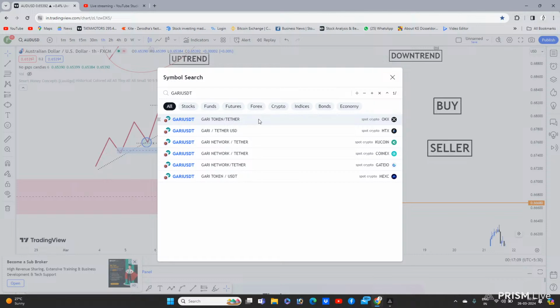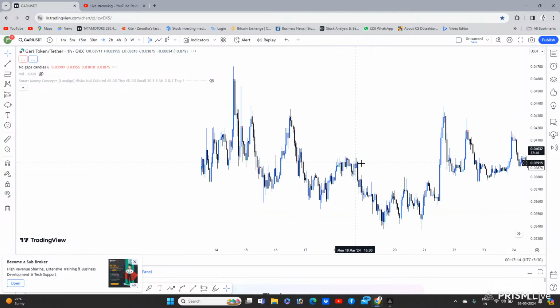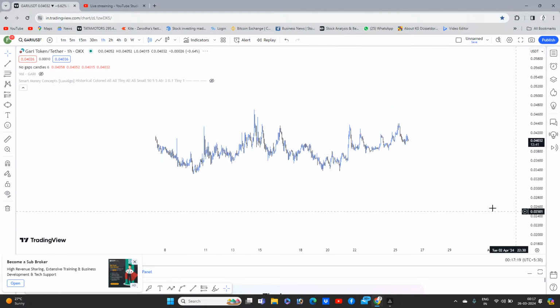Gary token, right? This is what you want to look for by crypto. Let's see if it's bullish, or is this the structure you are asking for?